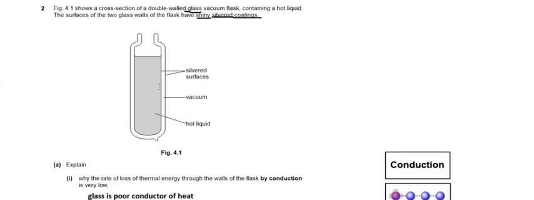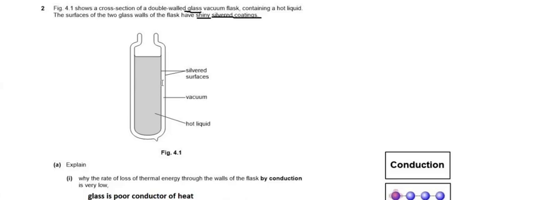So you can see what happens if it is a silvery surface. Whatever heat is there inside, if we have a hot liquid here, this silver surface inside will reflect the heat. Whatever radiation it receives, it will try to reflect all, because silver is a good reflector.